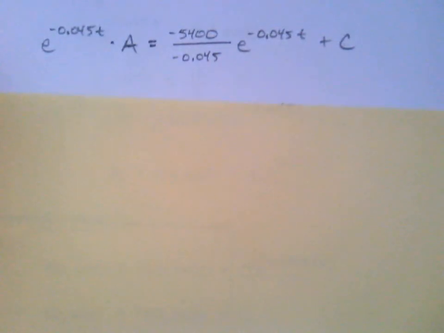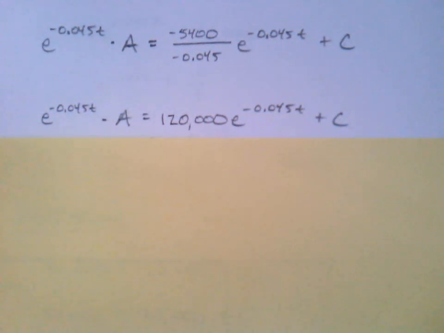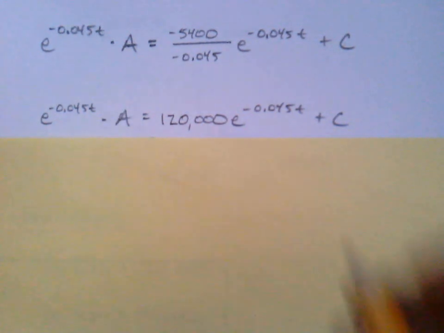Once we clean that up, that division actually turns out really, really well. e to the negative 0.045t times A equals 120,000 e to the negative 0.045t plus c.